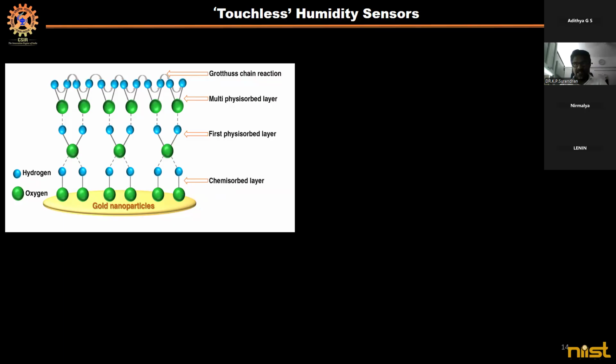Anything that involves an electron exchange means there is a voltage difference or a current flow, and that is actually being noted by a device. We have made a device that creates touchless, or touch-free, moisture sensors.